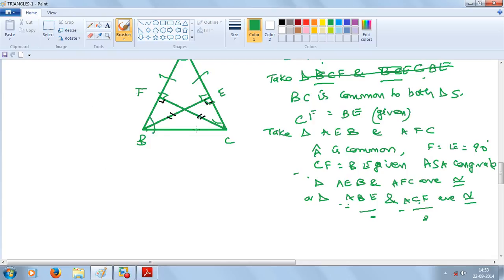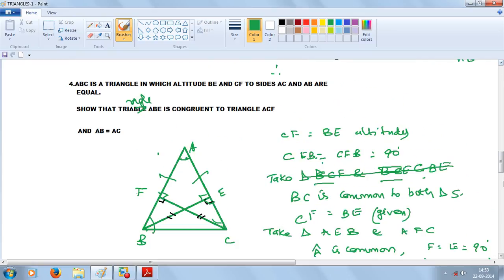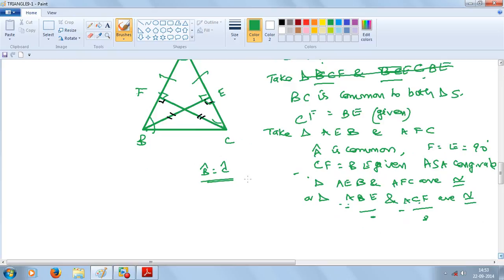Actually, this is an isosceles triangle. These two, angle B is equal to angle C, because this is an isosceles triangle. How is AB equal to AC?